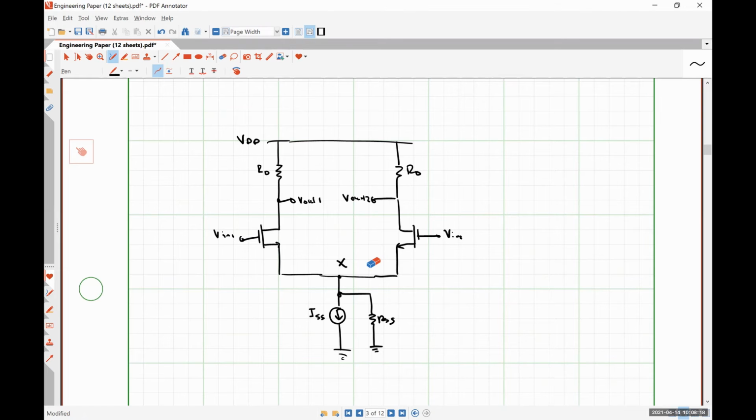RSS is the channel length modulation resistance of the transistor. So this guy right here is replacing that transistor. That is just the Norton equivalent circuit for this.